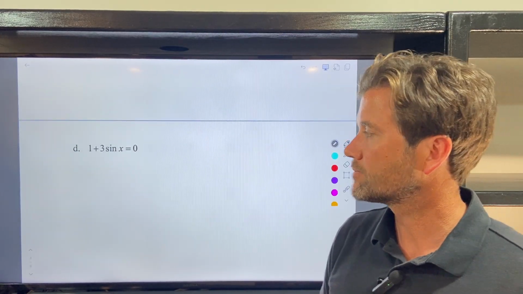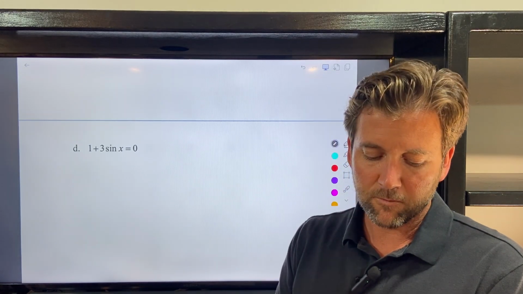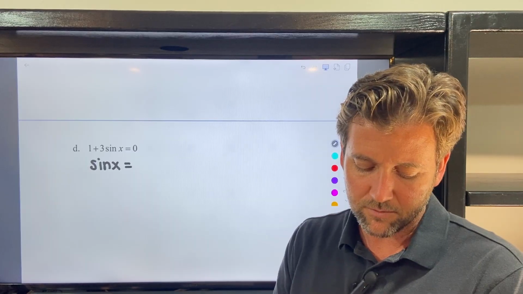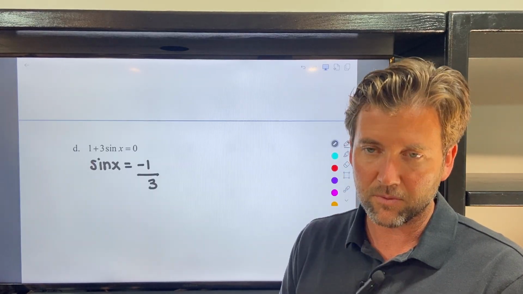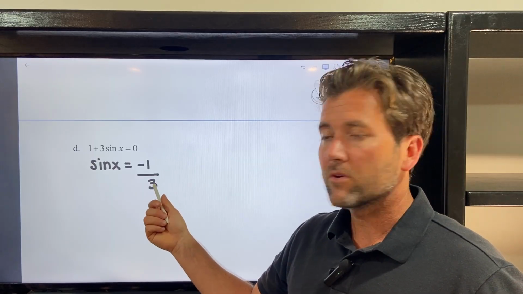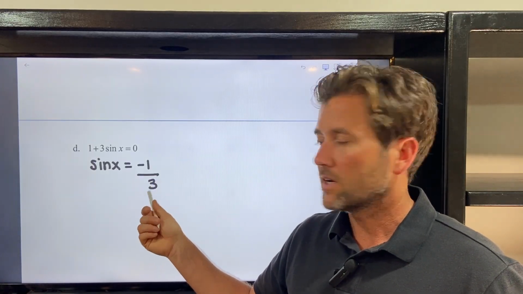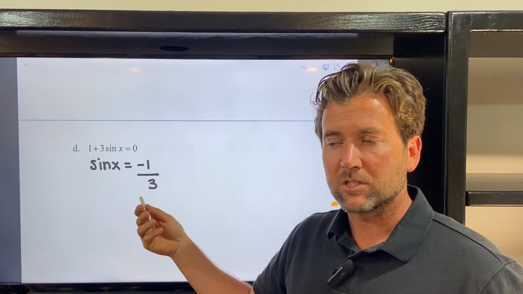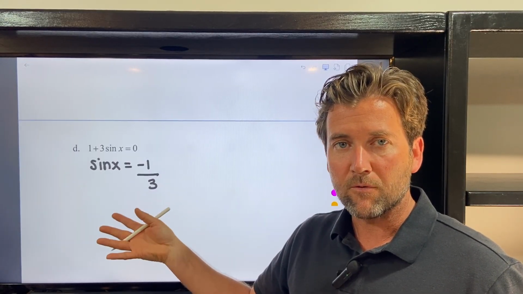Part D. So I'm going to solve for sine of x first by subtracting 1 from both sides of the equation and then dividing by 3. Now, I'm not familiar with the angle that intersects the unit circle at a y coordinate of negative 1/3. I'm not. So the answer won't be an angle that's a multiple of pi over 6 nor pi over 4.